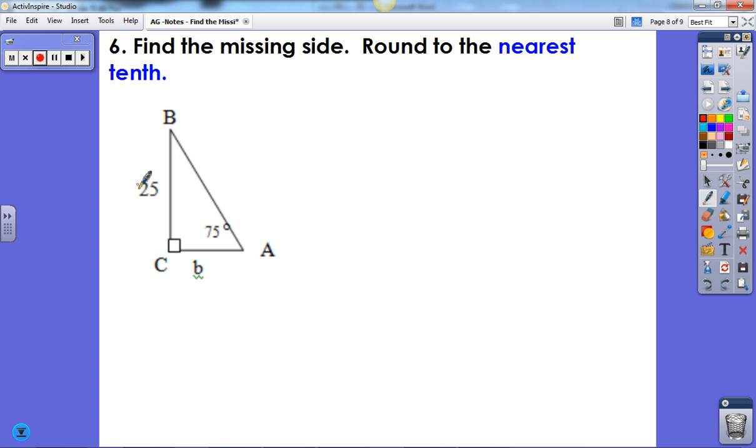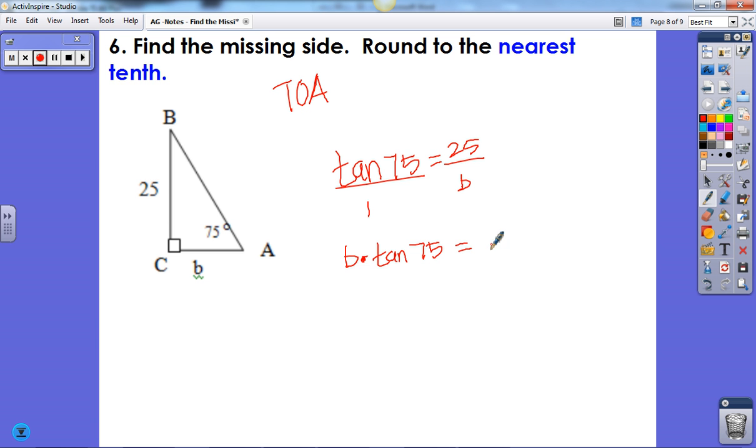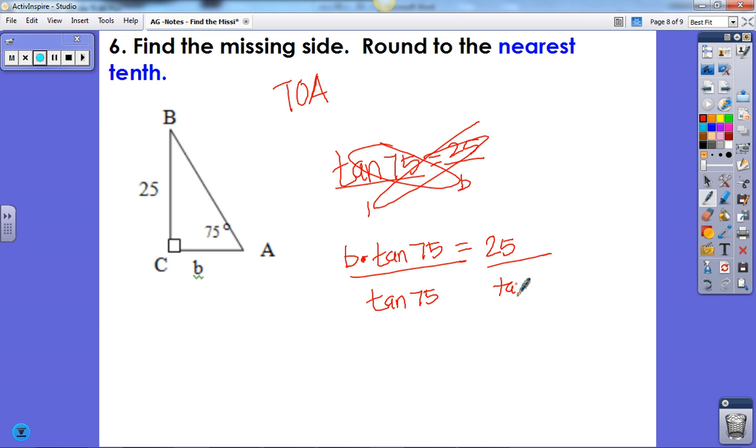I have opposite. I'm looking for adjacent, so that's going to be tangent. So tangent of 75 equals opposite over adjacent. Cross multiply. So divide both sides by tangent of 75.